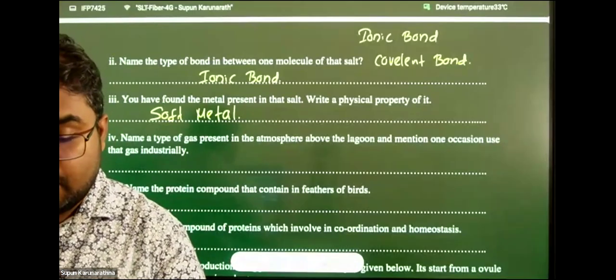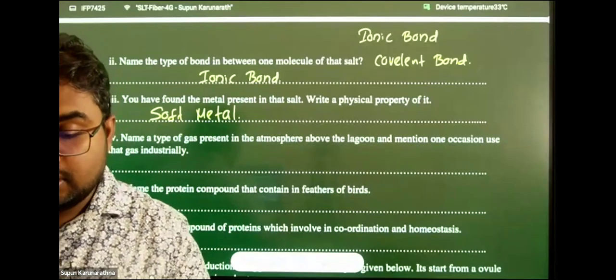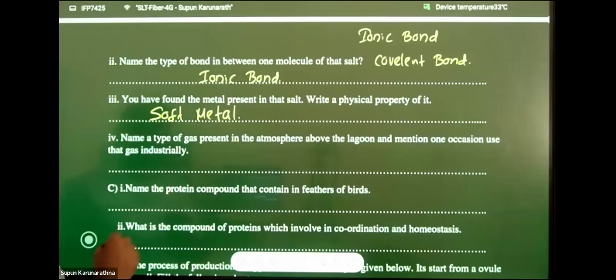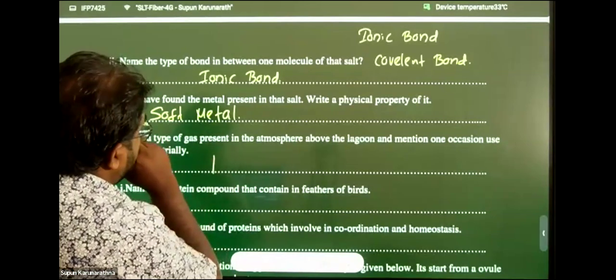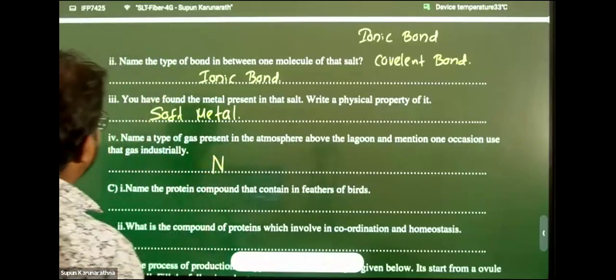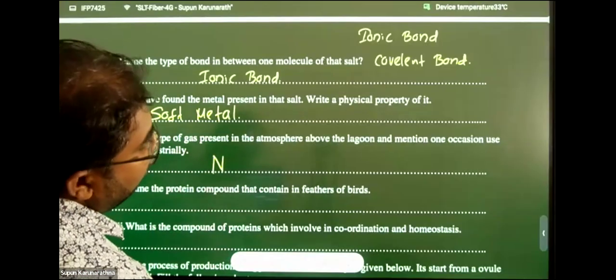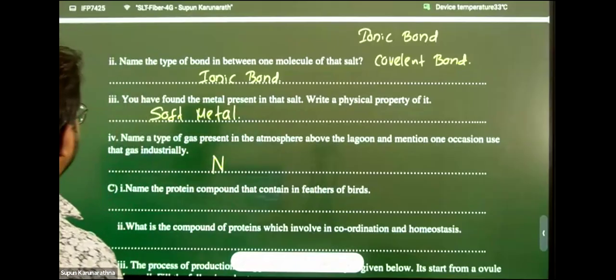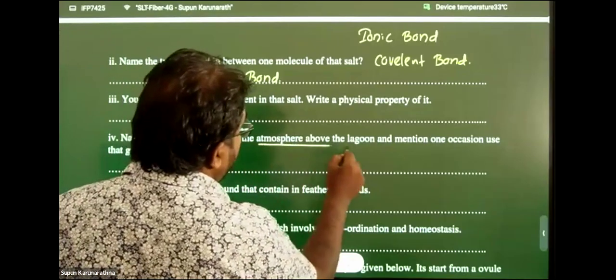What do you think? It's nitrogen. Nitrogen. Name the type of gas present in the atmosphere above the lagoon.